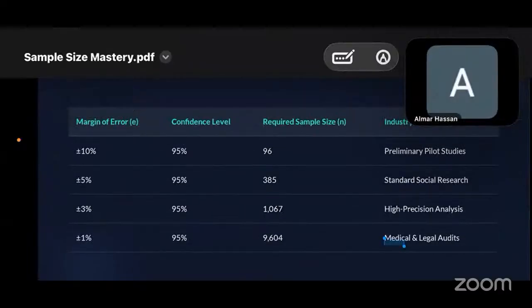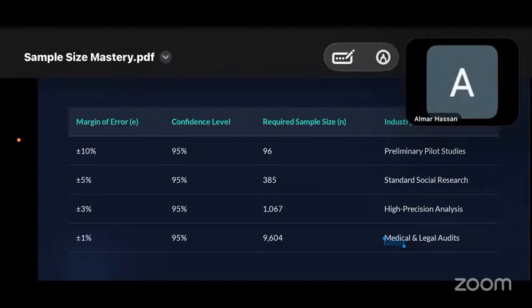I'll give you an example so that people can contextualize what's happening. For a margin of error, we usually use one that is really, really tiny. We don't allow any room for mistakes in medical and legal audits, right? So we want little to no mistakes.